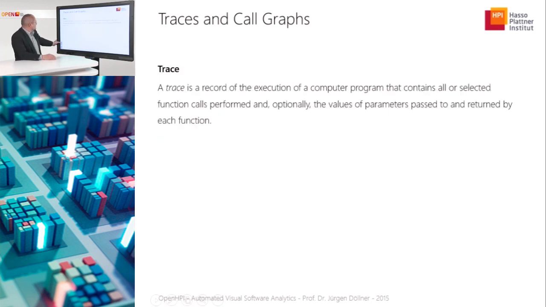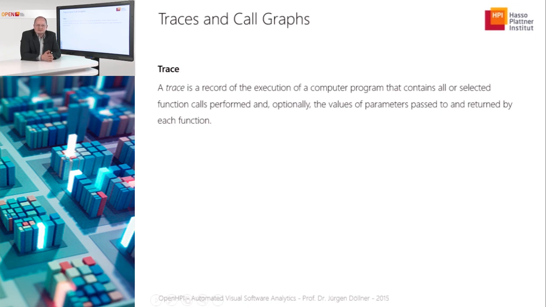So, based on control flows, let's have a look at the next key concept. It's a trace. A trace is a record of the execution of a computer program that contains all or selected function calls performed and optionally the value of parameters passed to the function or returned by the function.